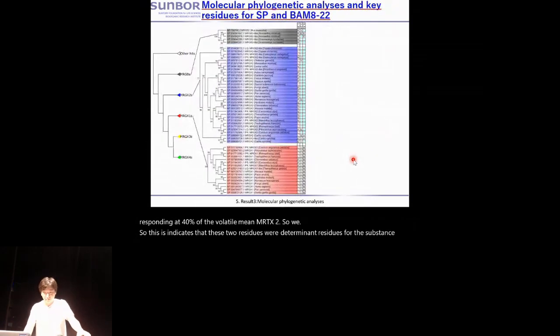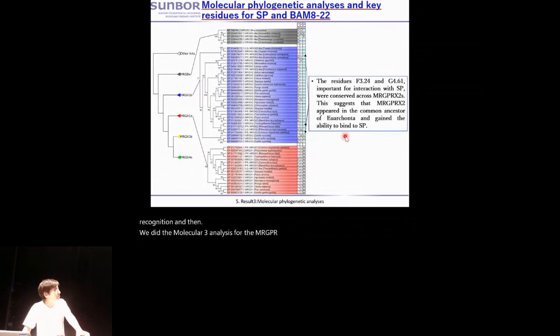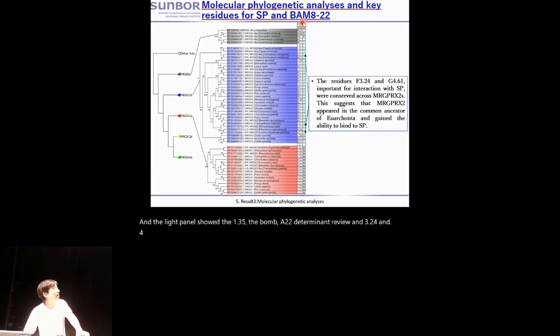Then we did the molecular phylogenetic tree analysis for MRGPRX1 and 2. The right panel shows 1.35, the BAM22 determinant residue, and 3.24 and 4.61, the SP determinant residues.